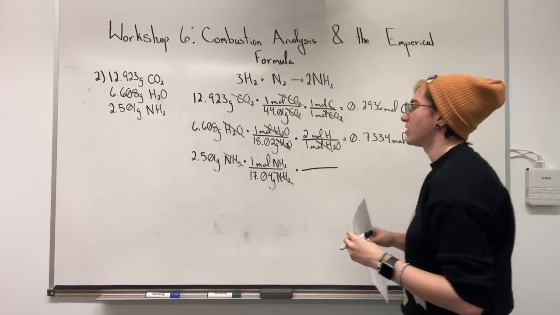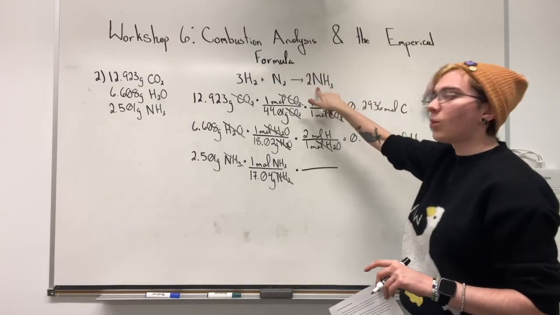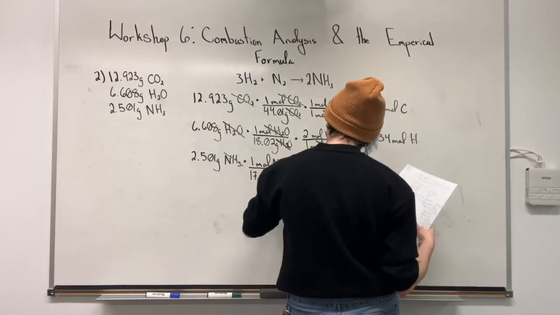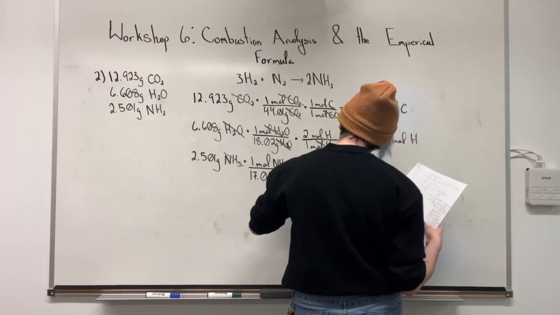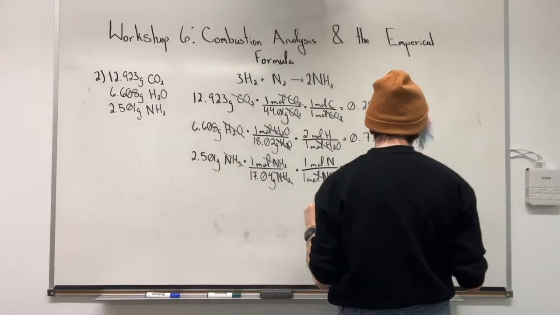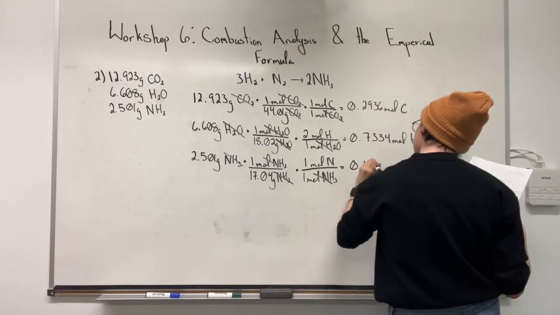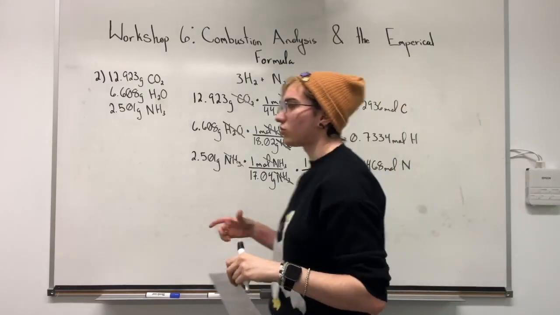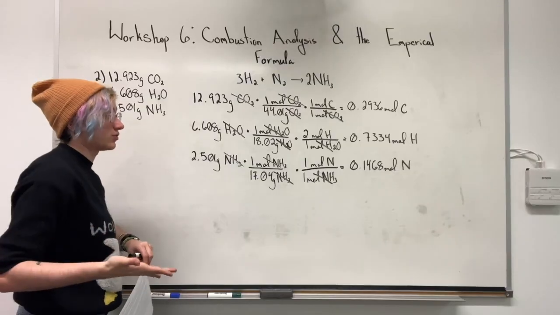And again, looking at how much nitrogen is in 1 thing of ammonia, NH3, it is 1 mole of ammonia, and so just like the carbon, it is just a 1-to-1 ratio. 1 mole of nitrogen per 1 mole of NH3. And so this much ammonia is produced by 0.1468 moles of nitrogen. We are able to get our moles of carbon, hydrogen, and nitrogen without touching the original sample and without looking at the oxygen.